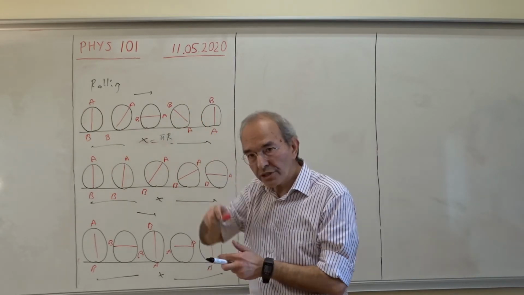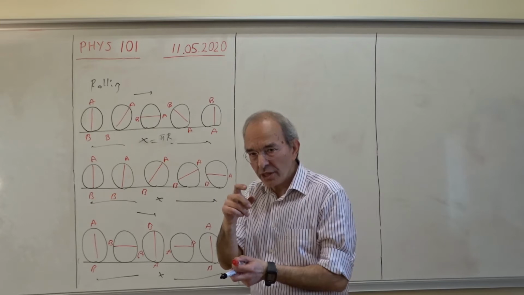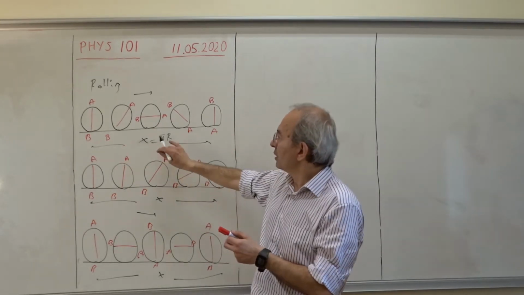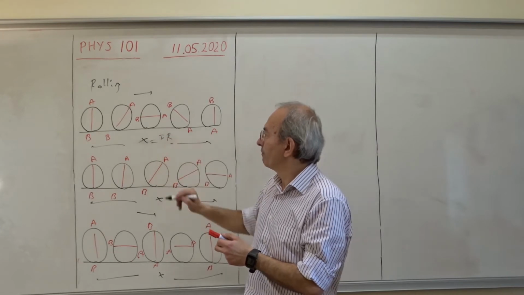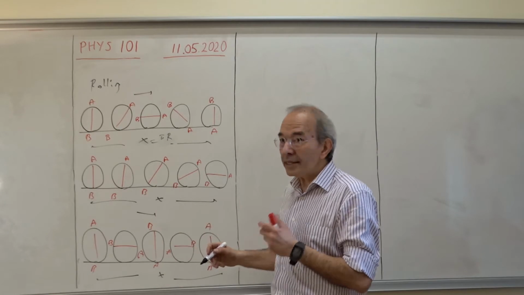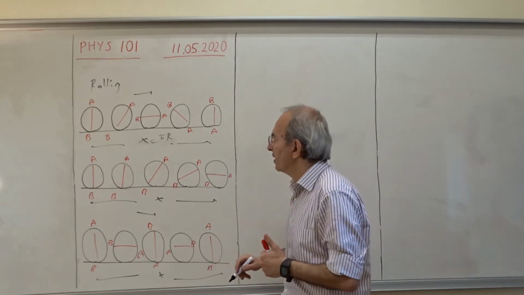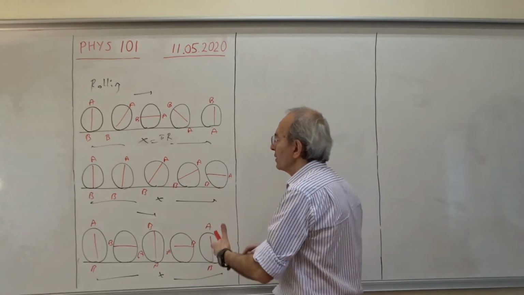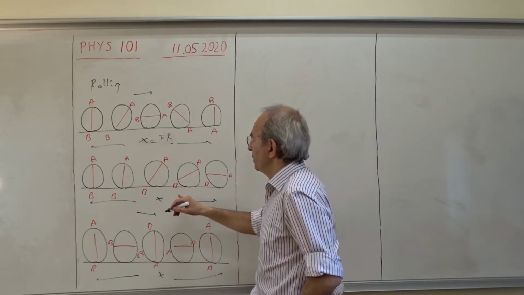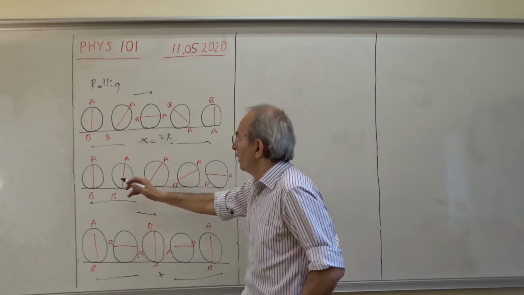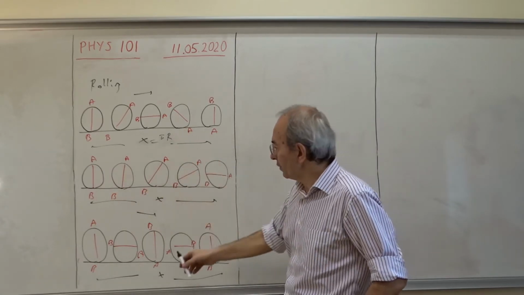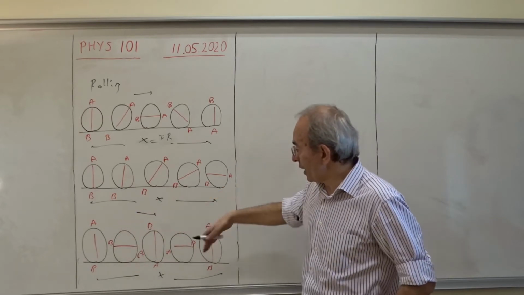So half a turn is just half of the circumference, which is not 2 pi r, but pi r. So this distance is just equal to pi r, for instance. In the second case, it doesn't cover that much distance, or x is greater than pi r in this case. This one doesn't finish half a circle. In the third one, it finishes more than half a circle.